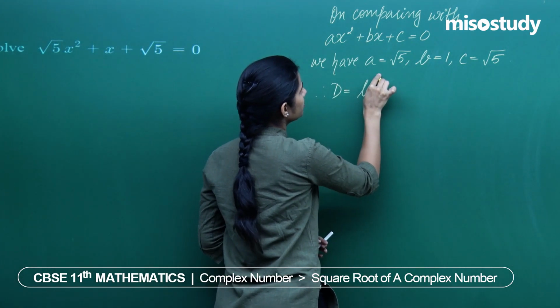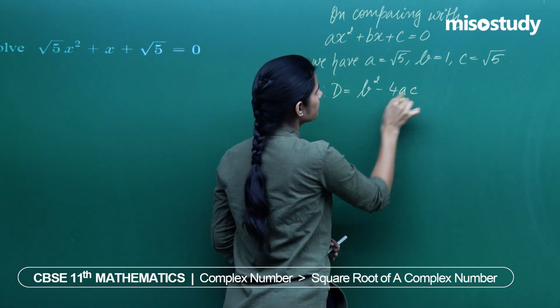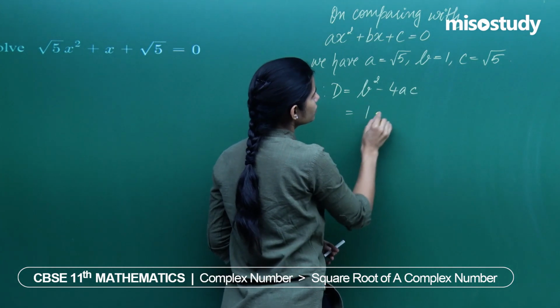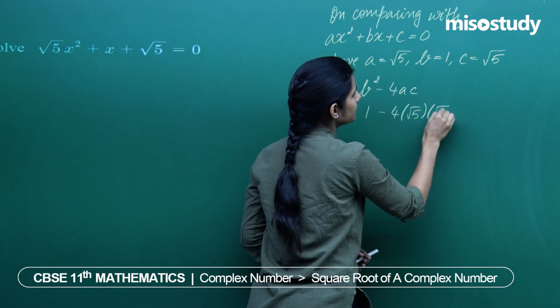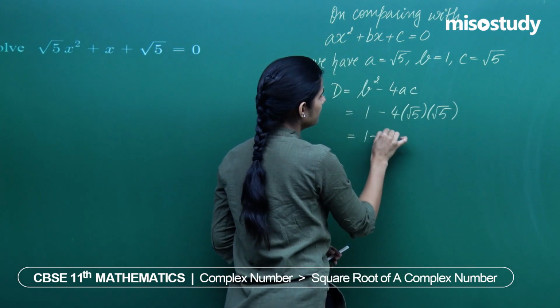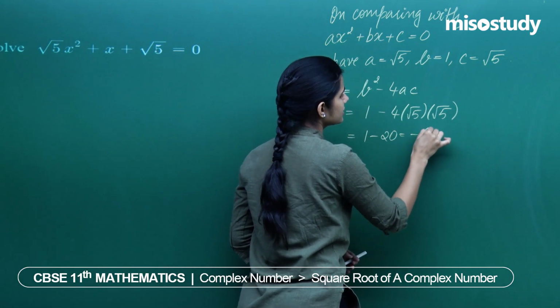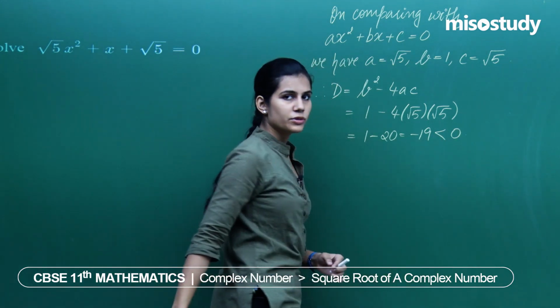Discriminant is equal to b square minus 4ac. B square means 1 square minus 4 into a into c. 1 minus 20, which is minus 19, which is less than 0.